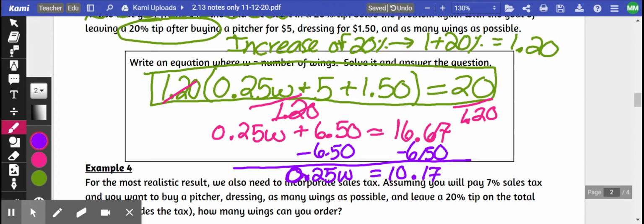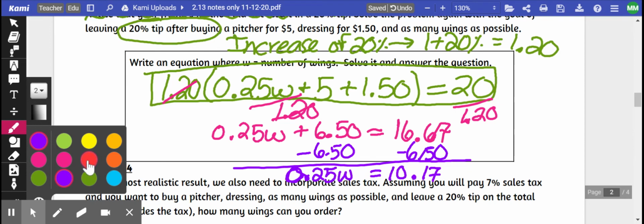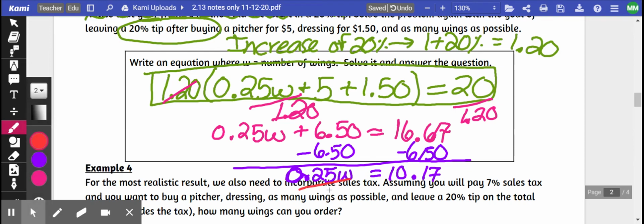And my last step is going to be to divide by 0.25 on both sides. So 10.17 divided by 0.25 is 40.67.